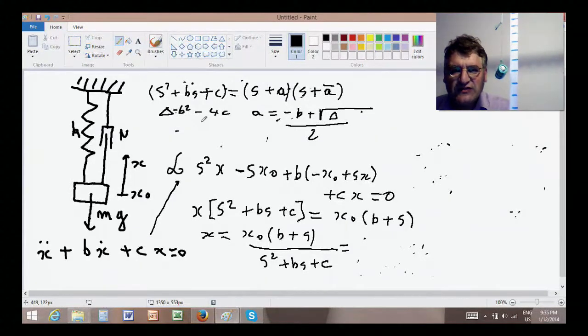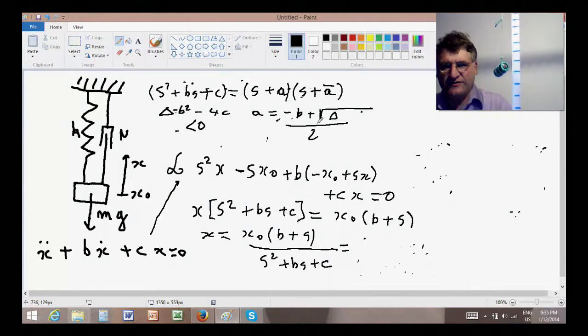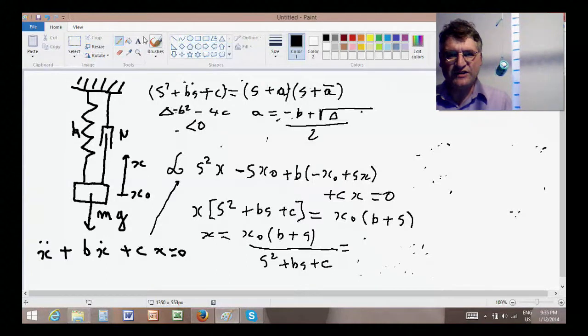And it turns out that for this particular system, delta is less than 0. So in other terms, by the way, with this notation, this is not a plus here, this is not a plus there, but instead it is a minus here and a minus there.